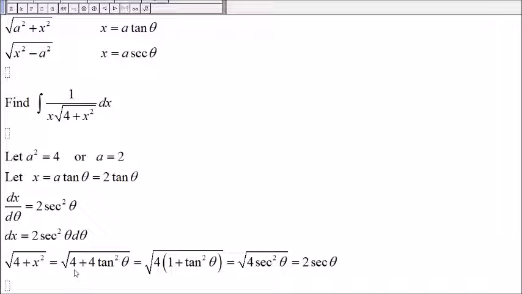The common factor is 4, so we get 4 times 1 plus tangent squared of theta. From trigonometric identities, 1 plus tangent squared is secant squared. The square root of 4 secant squared of theta is 2 secant of theta.